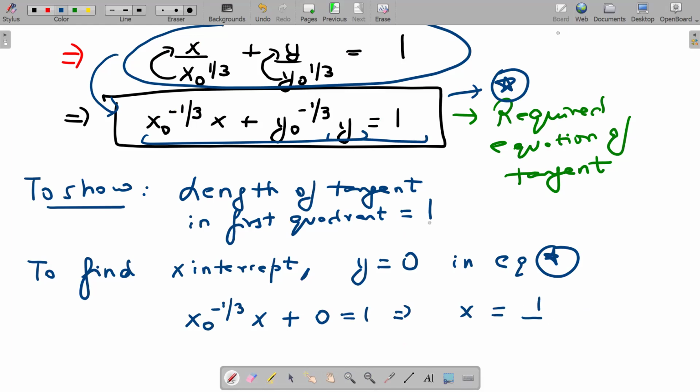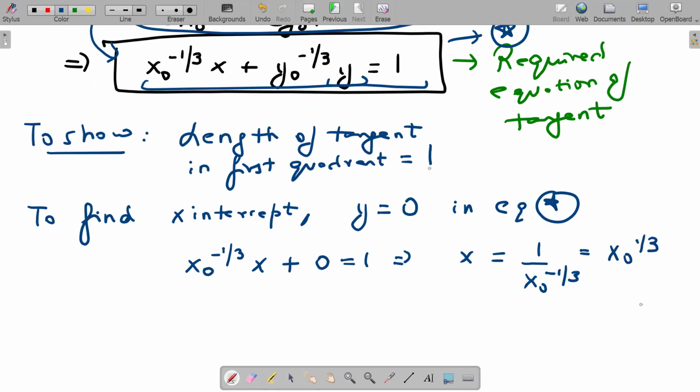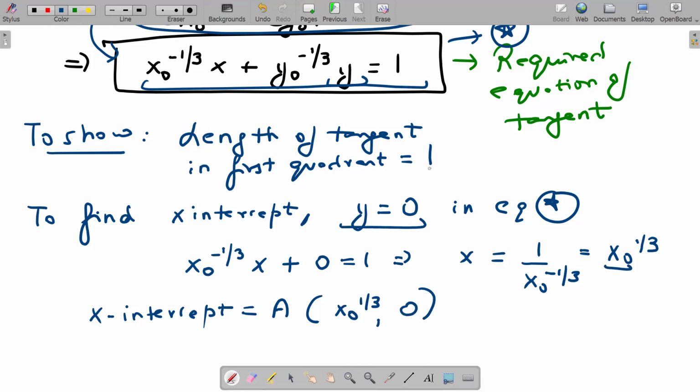It will be 1 over x0 to the negative 1/3, which is x0 to the 1/3. So the x-intercept, call it point A. The coordinates of point A are x takes the value x0 to the 1/3 and y takes the value 0.